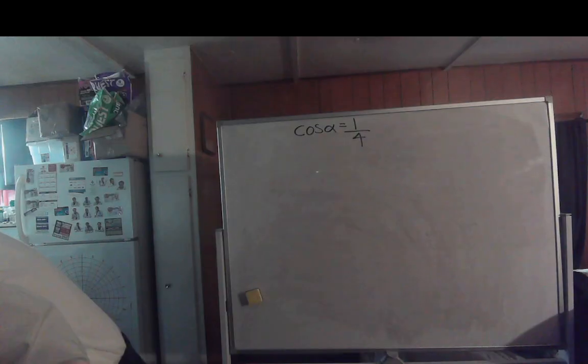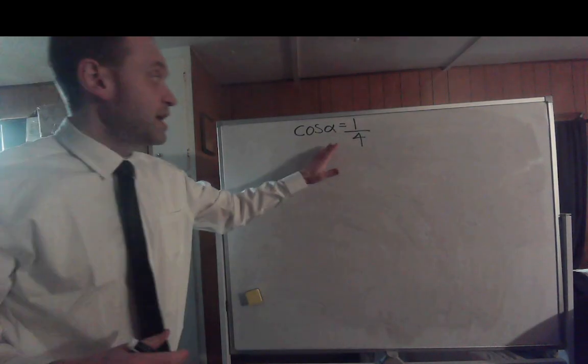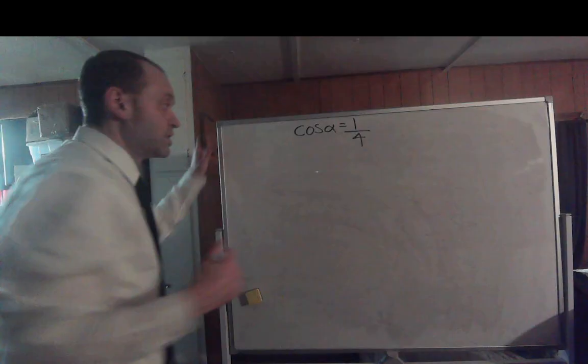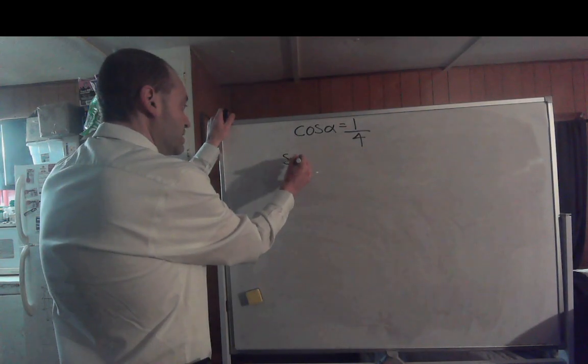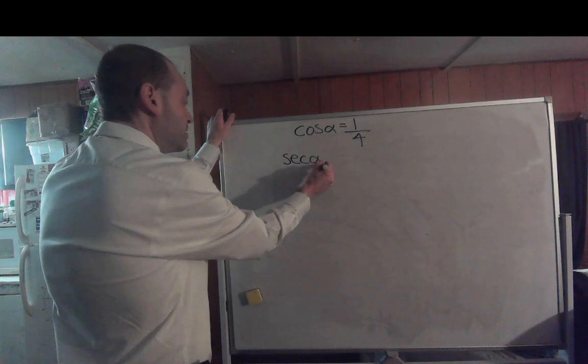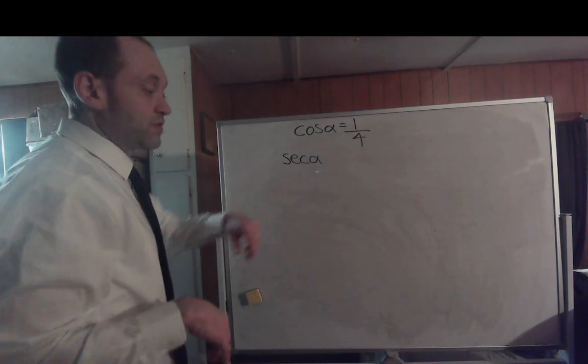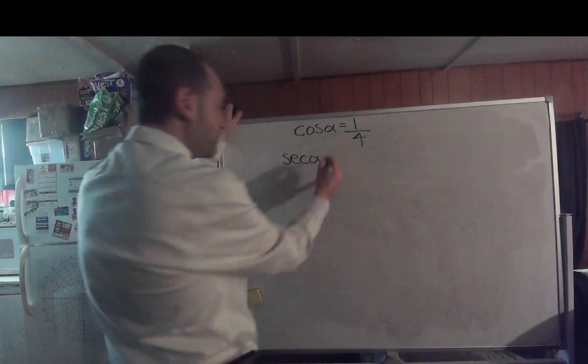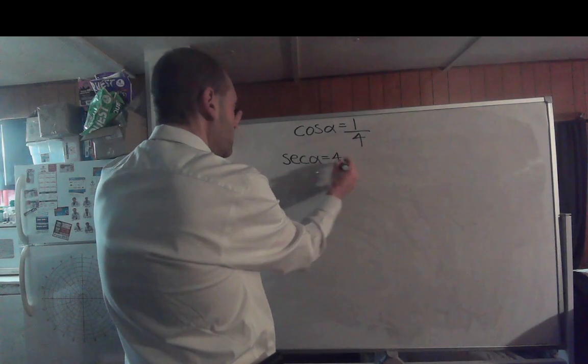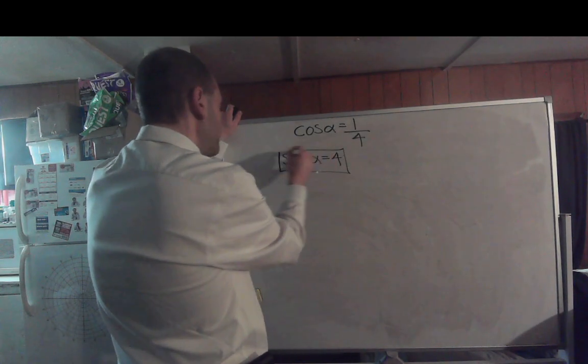So you're given that the cosine of alpha equals 1/4. First they're asking you what is the secant of alpha. Well, the secant's just the reciprocal of cosine. The reciprocal of 1/4 is just going to be 4. So that one, that's fairly easy.